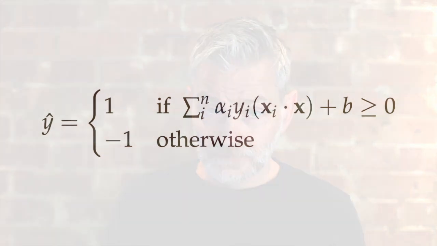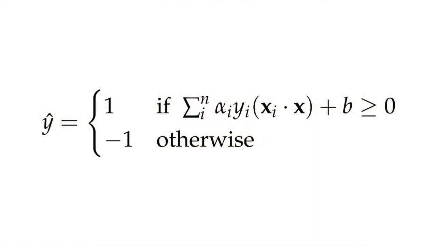It turns out that if we also substitute our weighted sum expression into the prediction function, then we get this, and again the prediction only depends on the data in the form of pairwise inner products. This will turn out to be very useful in a bit.